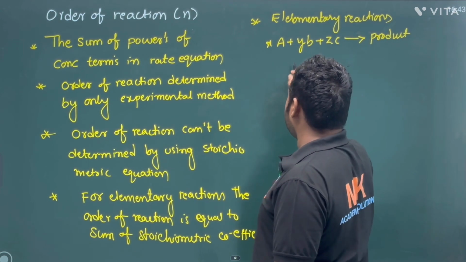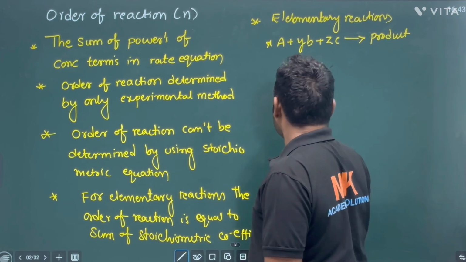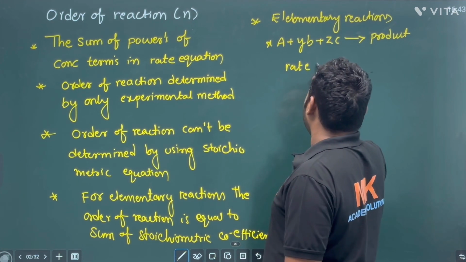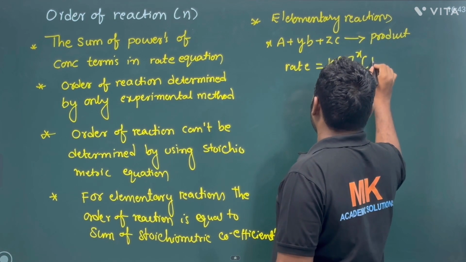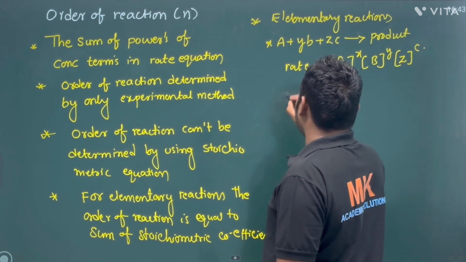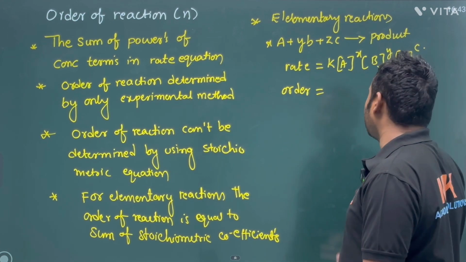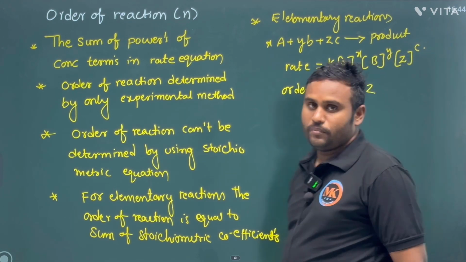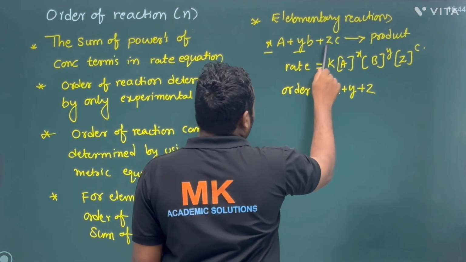So in elementary reactions, rate is equal to k into A power x, B power y, C power z. What is the order? We know it is the sum of powers of concentration terms, here x plus y plus z. Since we are assuming an elementary reaction, we take the same stoichiometric coefficients.